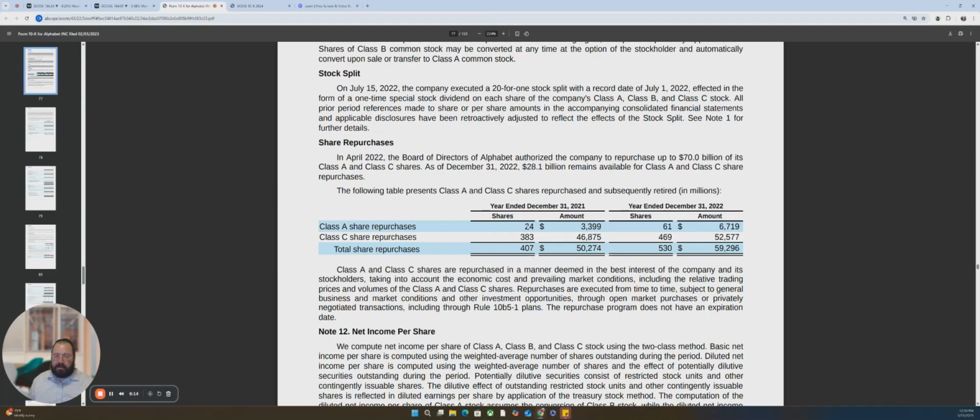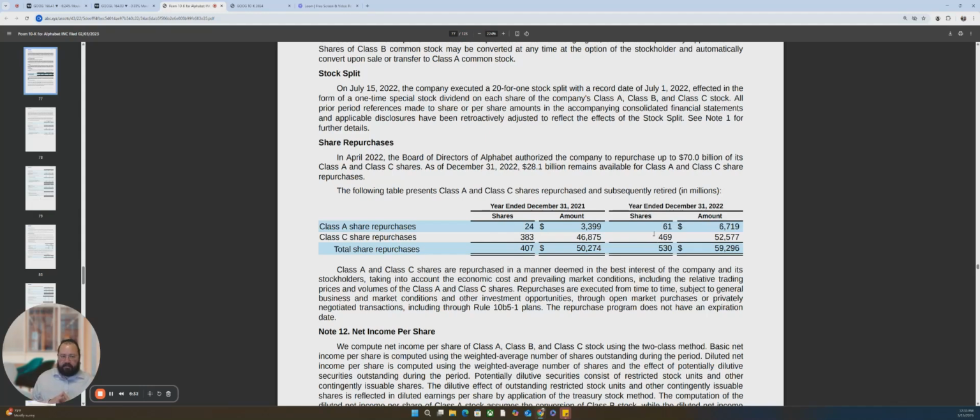And over here in 2021, that difference is so great. We're talking about a 16-time difference between 24 million to 383 million. If we look at 2022, we find a similar discrepancy, but not as great.